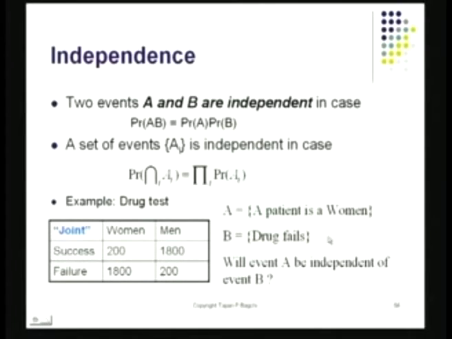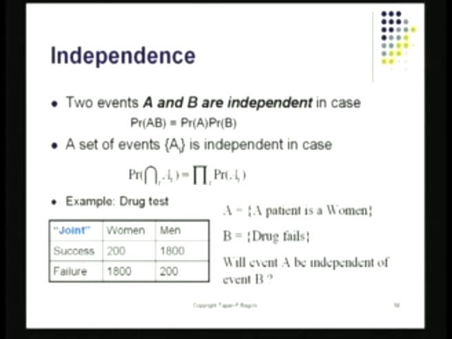And the chance of the drug failing, I go to the failure row and I find 1800 plus 200, that's again 2000. So I've basically got a count of how many women were there in the test, and also how many times the drug failed. That count also I have.